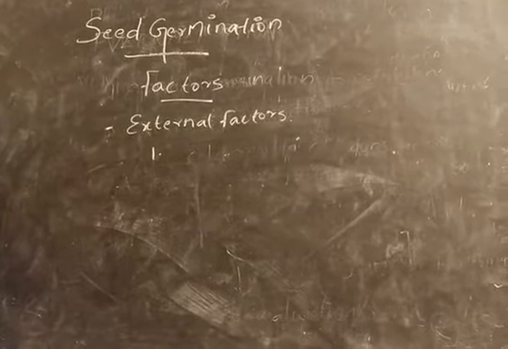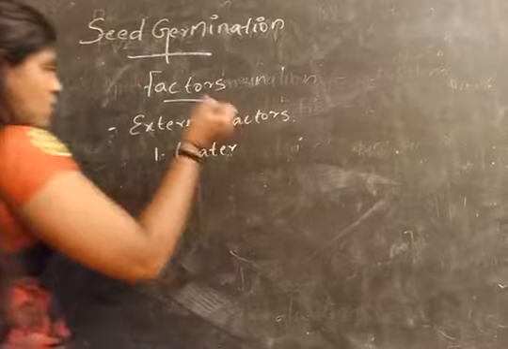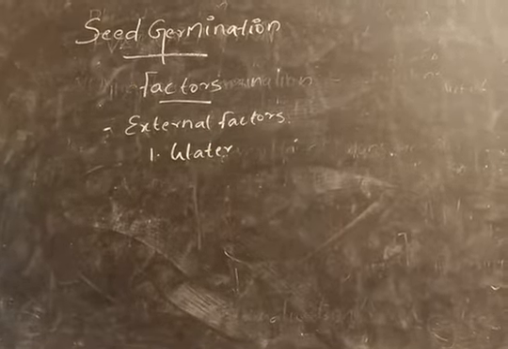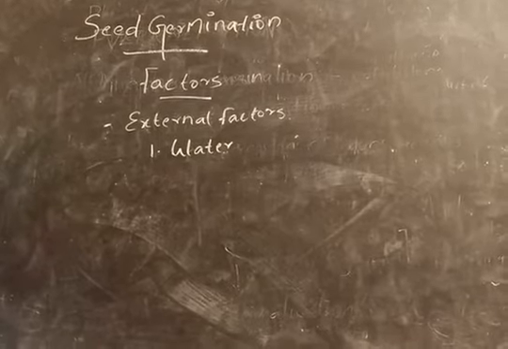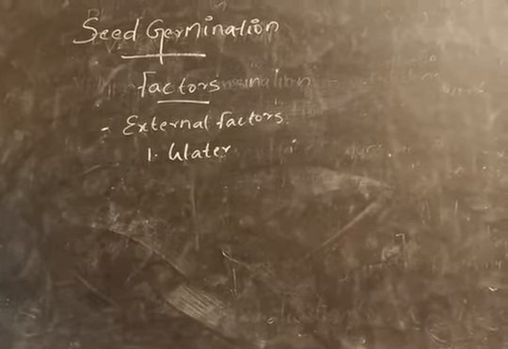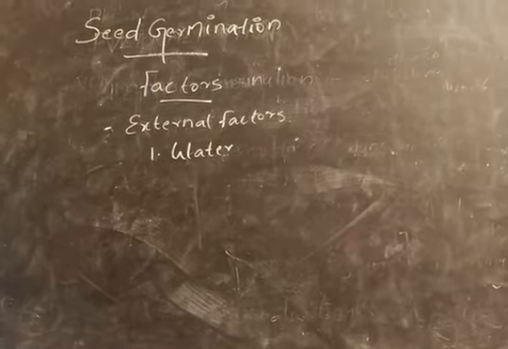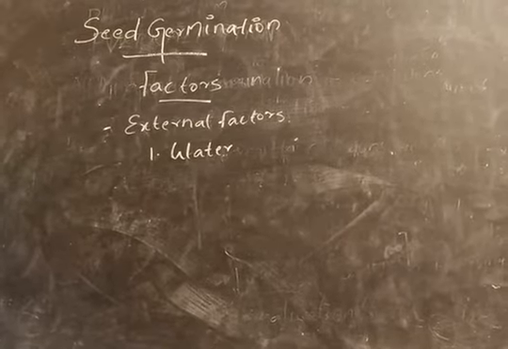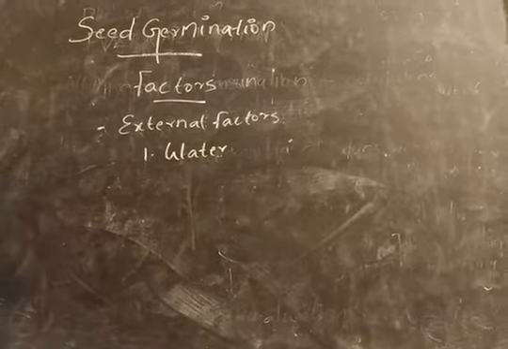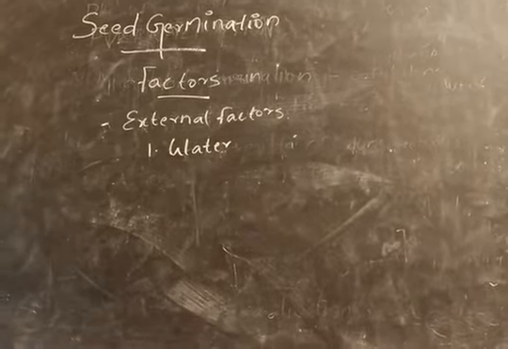The first main factor is water. What it does in seed germination is, when the seed gets a sufficient amount of water, it activates the enzymes inside the seeds, which digest the reserve food materials, which leads to the germination of seeds.